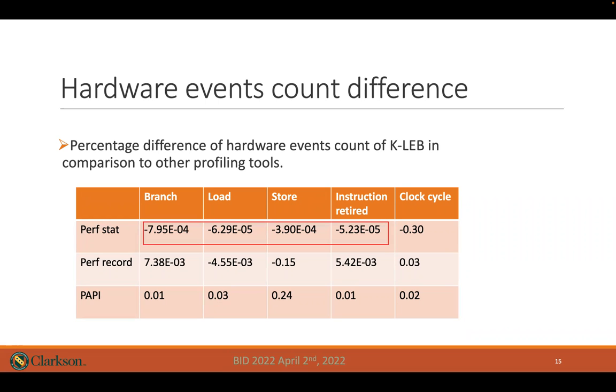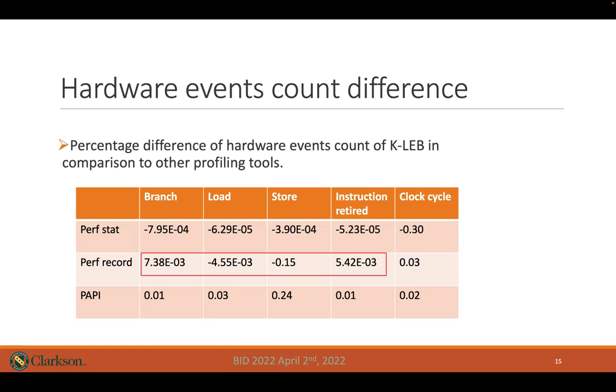When compared with similar timer-based tools such as perf stat, K-LEB shows a negligible difference, less than 0.0008% in hardware event count on deterministic events. While perf record uses a sampling method, which is a non-precise counting to collect its hardware event count, it still has a close approximate hardware event count with less than 0.15% difference on deterministic events when compared to K-LEB.